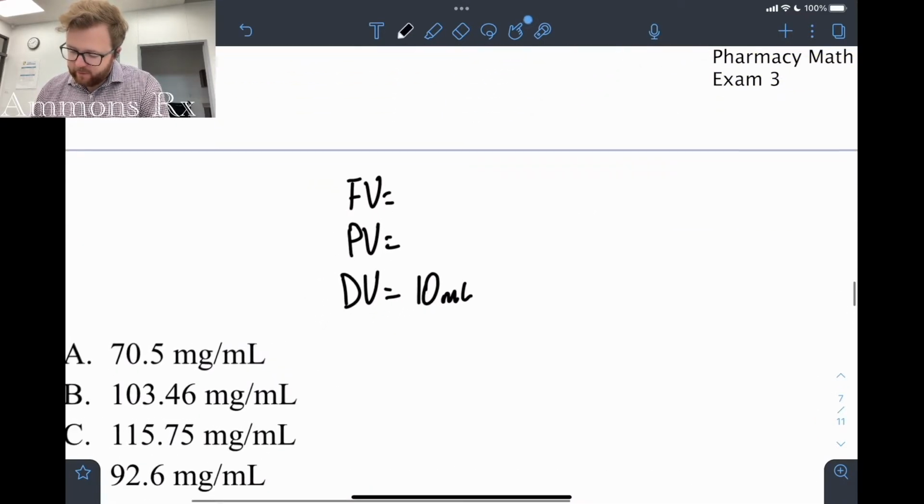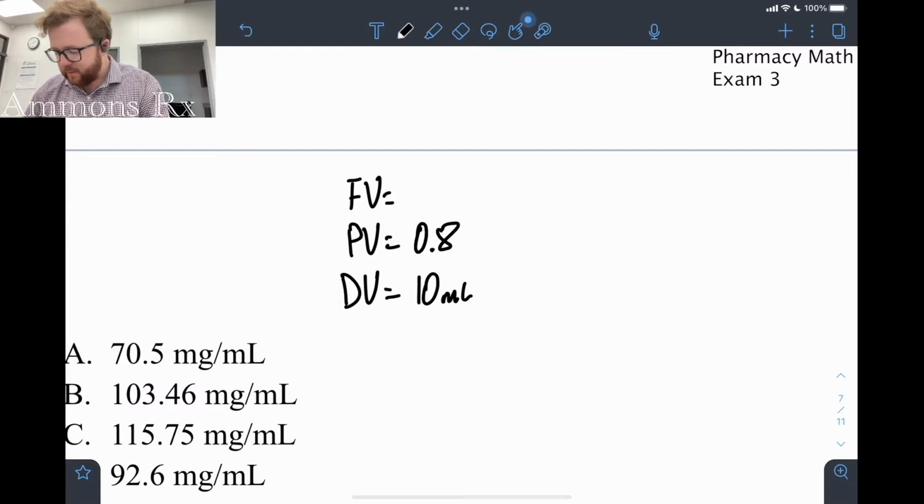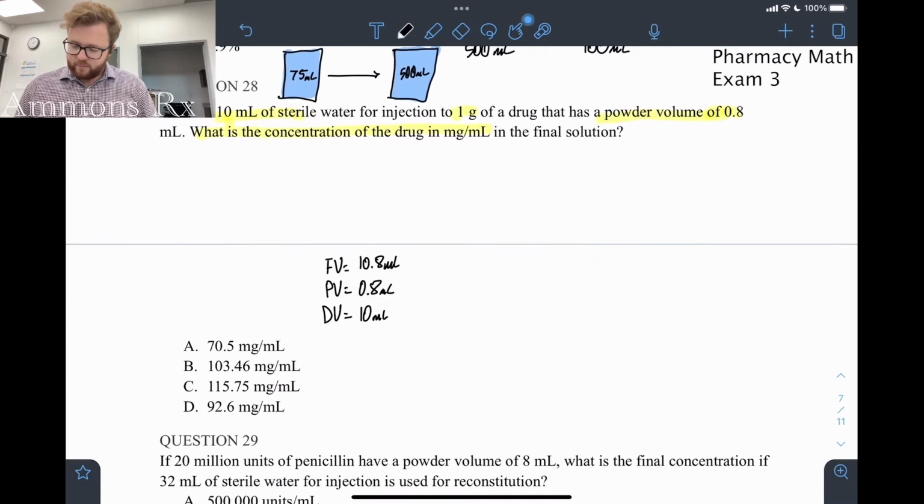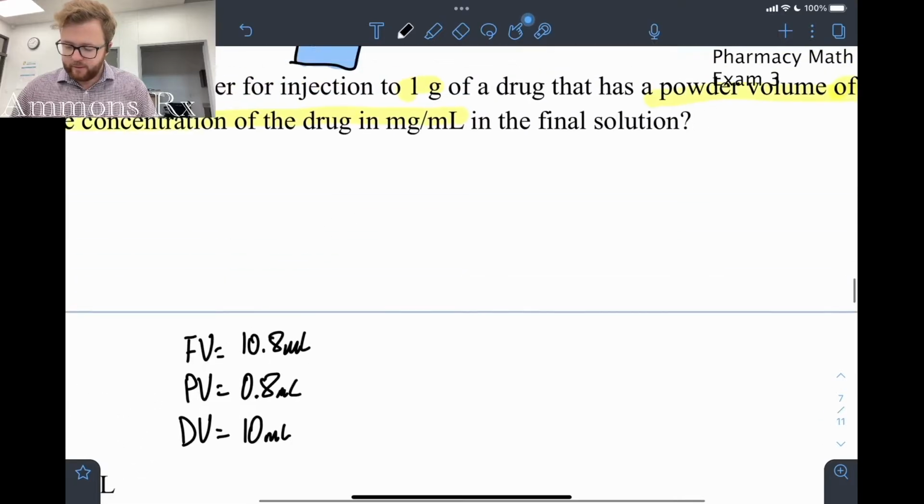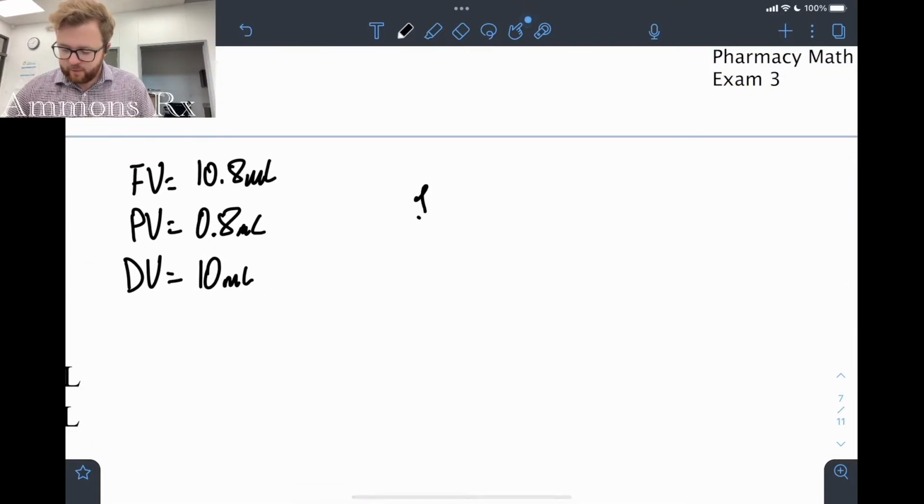Oh, it gives us powder volume right out, 0.8. So the powder and the diluent together make our final volume of 10.8. Because we know how much drug we have, it's literally just 1 gram, which by the way is 1,000 milligrams, over 10.8 mils.